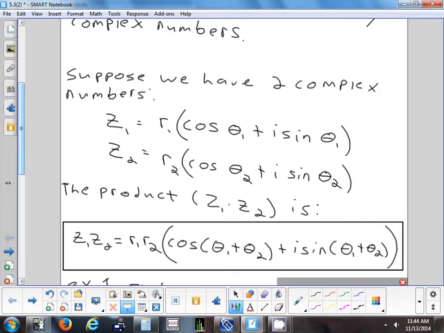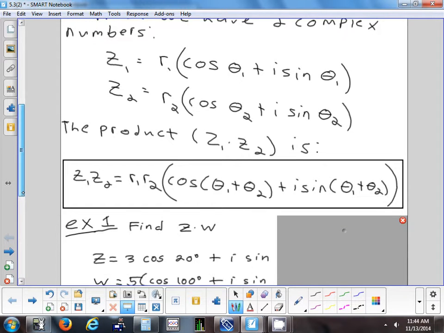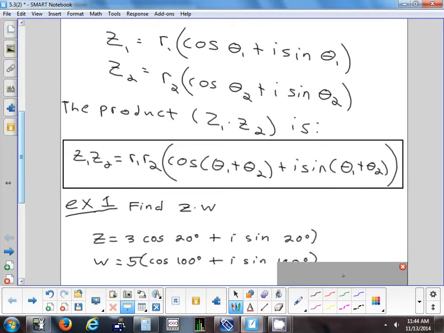So you end up multiplying your two radii together, and you add your two angles together. Okay, there's no foiling, there's no i-squareds, there's no combining like terms, nothing. So you'll pretty much be able to do this in your head.